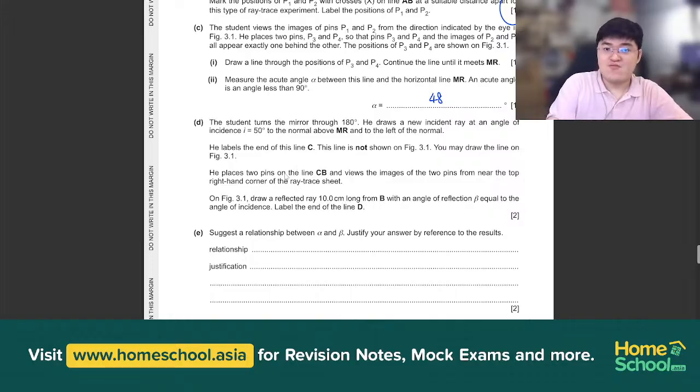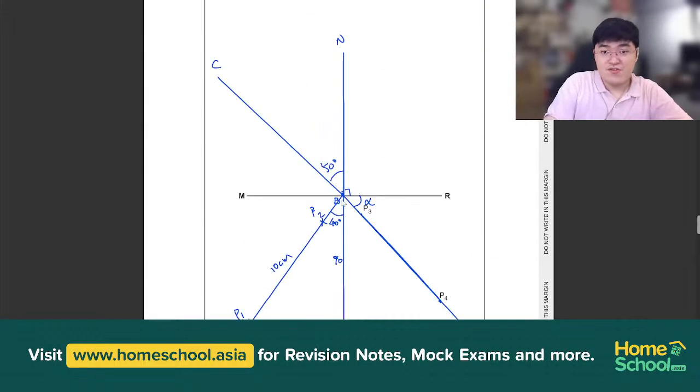He places the two pins on the line CB and views the image of the two pins from the top right-hand corner of the ray trace sheet. So on figure 3.1, draw the reflected ray 10 cm long from B with an angle of reflection beta equal to the angle of incidence and label the end of this line D. So we are to draw another line like here, that is 10 cm long, and is also 50 degrees as well.